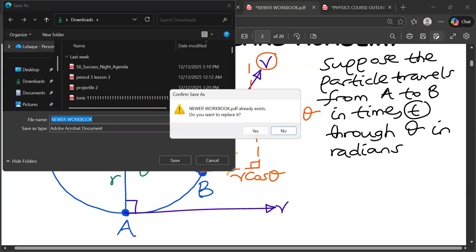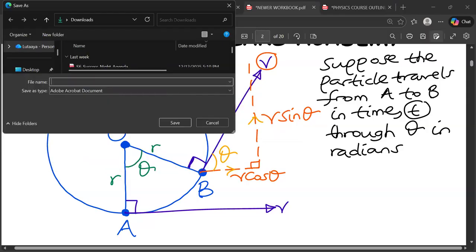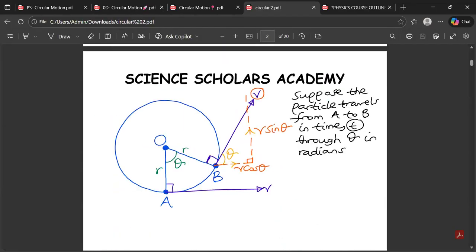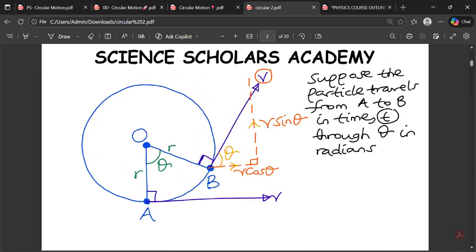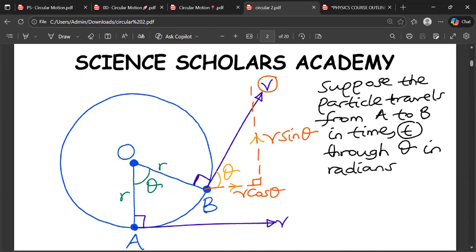So someone tell me, if at all we are saying that the acceleration is centripetal, hence it acts towards the center, what can be the direction of the acceleration in terms of A and O? So we are saying that the centripetal acceleration should be acting towards the center.